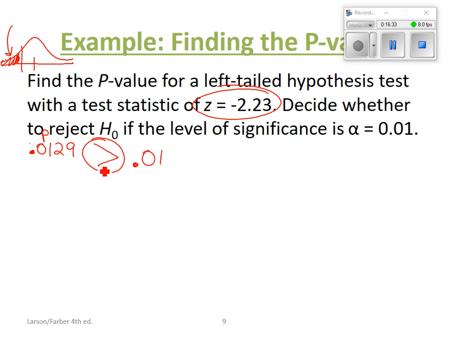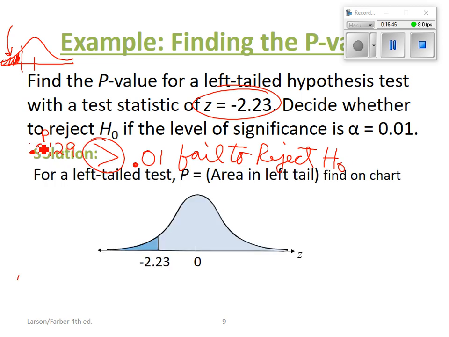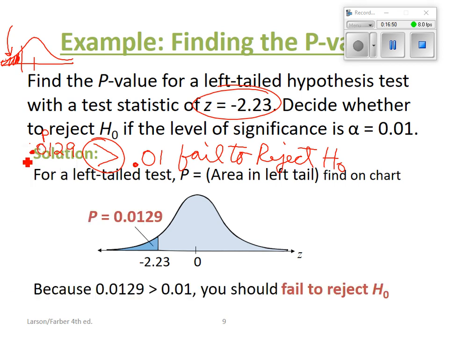Greater than. So what's that tell us? Fail to reject the null. We fail to reject the null. That's the first one. Looks like we did it all right.